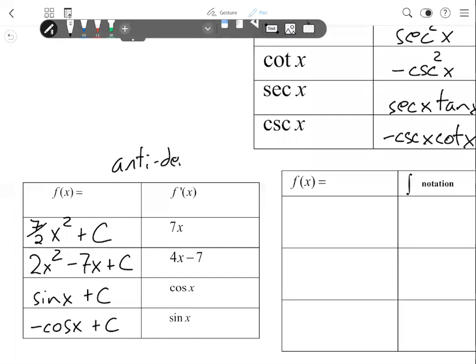Okay, so what I'm doing here, I'm not taking the derivative, I am taking the antiderivative. And the antiderivative, this term is equivalent to the integral. They are used interchangeably.